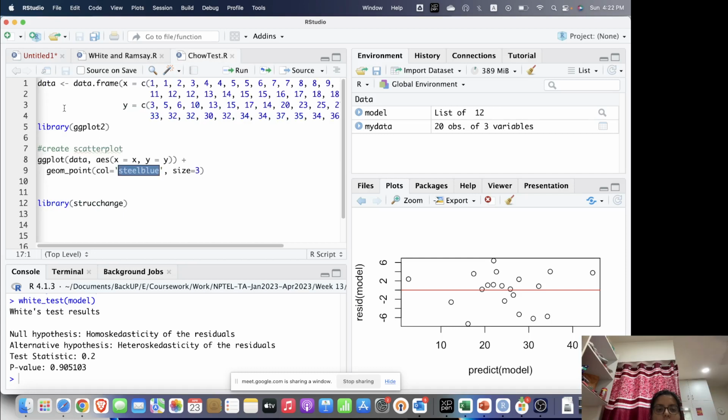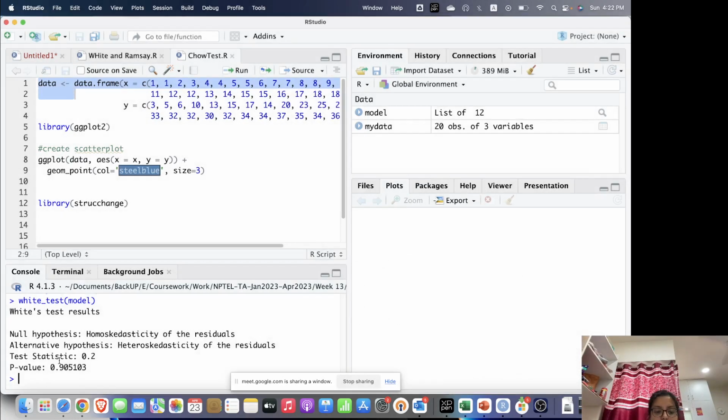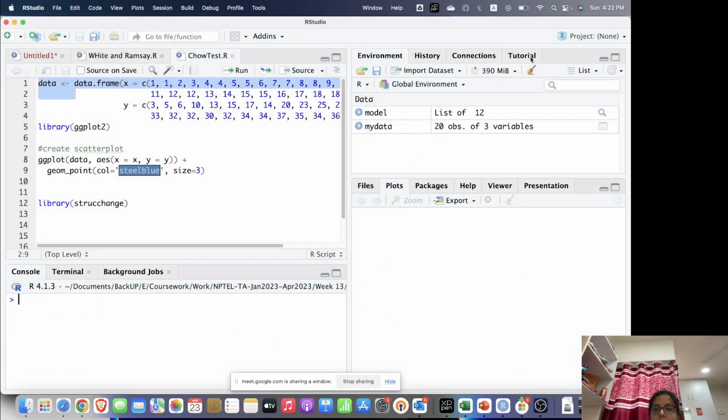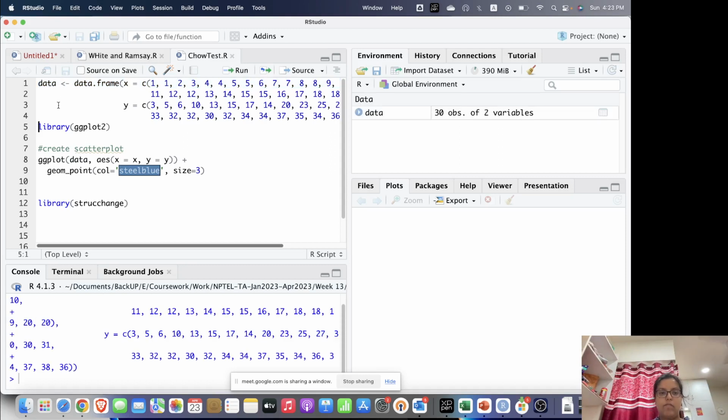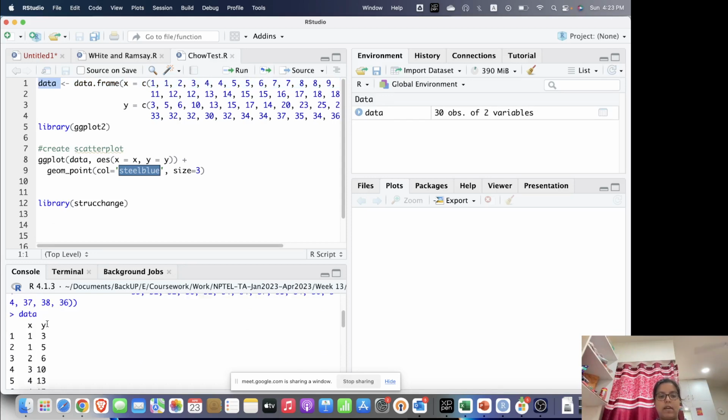Okay, so let's suppose I'm going to clear this. Alright, so let's suppose I have a data frame like this. This is my data frame.